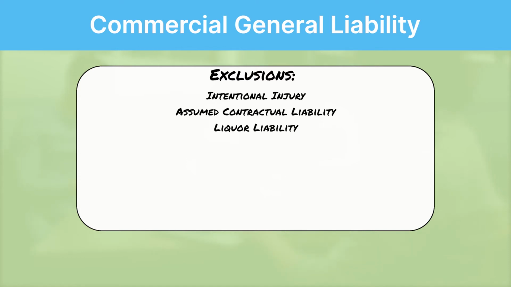Liquor liability. If the insured is in the alcohol business, they don't have liability coverage in the CGL for serving liquor to 1, intoxicated persons, 2, underage persons, or 3, service to anyone in violation of the law. And as you might guess, the CGL excludes injuries to employees, as workers' compensation insurance is an exclusive remedy to an injured employee.